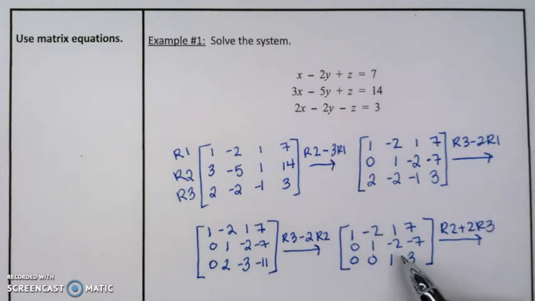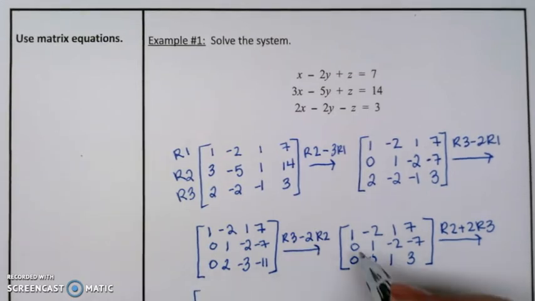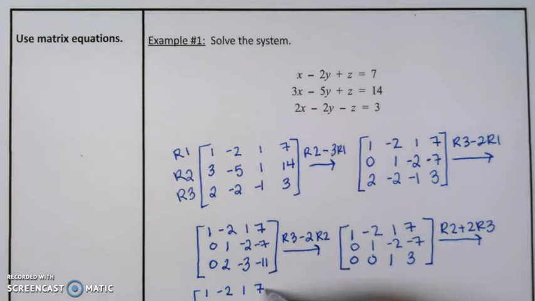Okay, so my goal now is to get a 0 in the second row. Okay, so I'm not changing rows 1 or 3. 1, negative 2, 1, 7, and 0, 0, 1, 3.